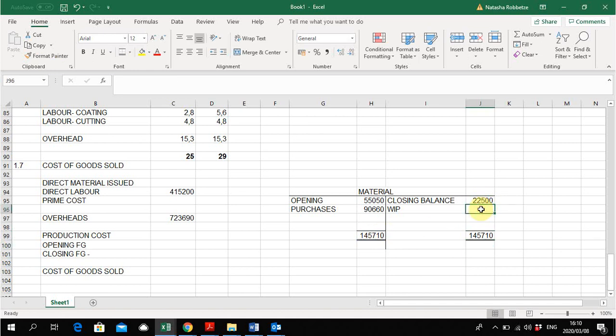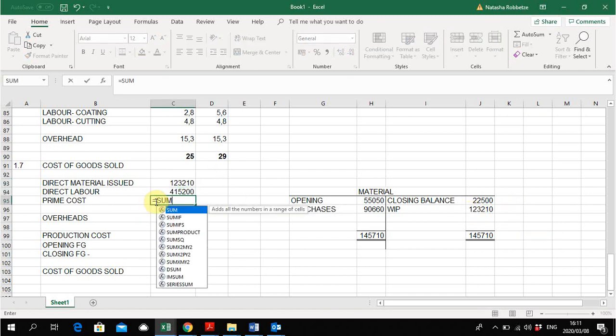And it will then be the 145,710 minus the 22,500. 123,210, that is the materials that were issued.